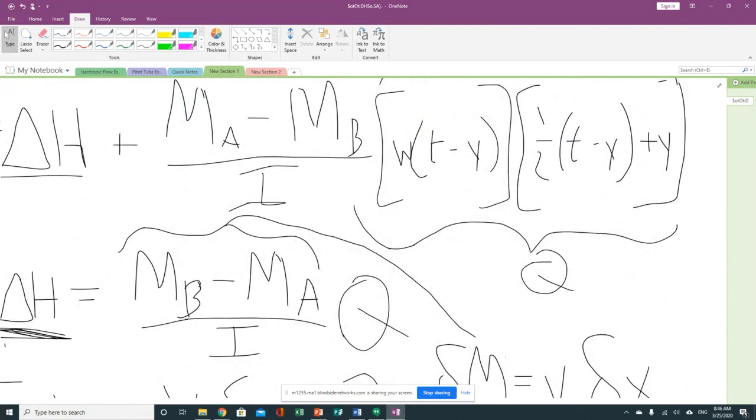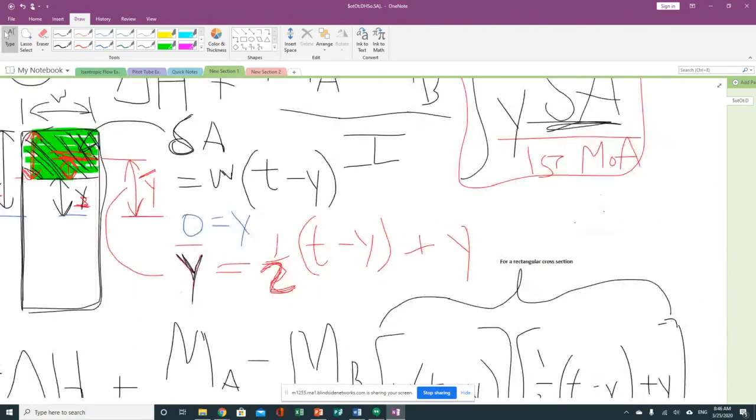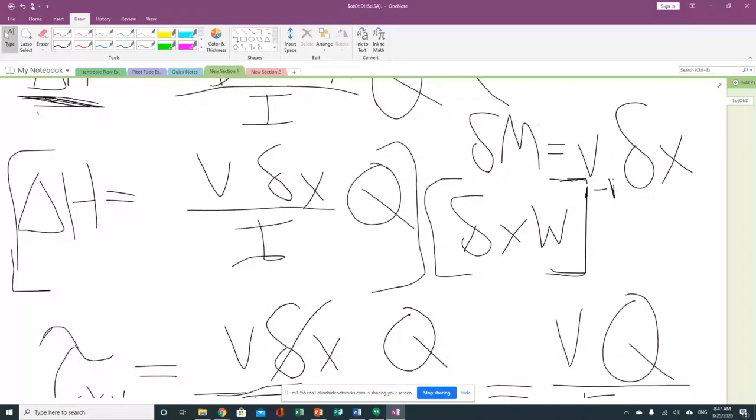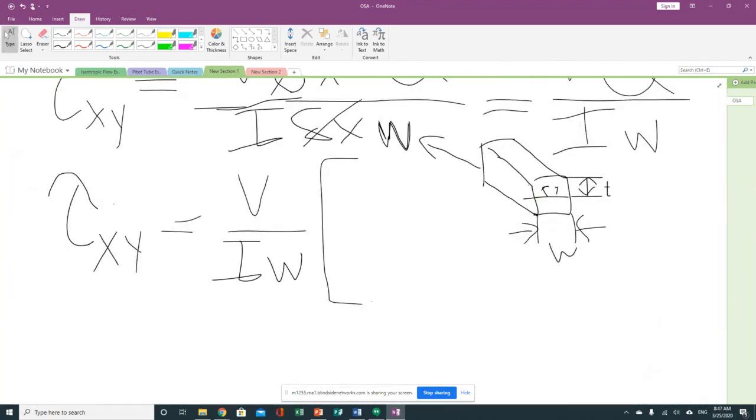Yeah, the Q, because that T is actually half the height of the beam, whereas the T down here was referring to the width of the beam instead. Sorry, my notes had it one way, and I went off my notes for a minute. So when I come back to them now I'm all screwed up.